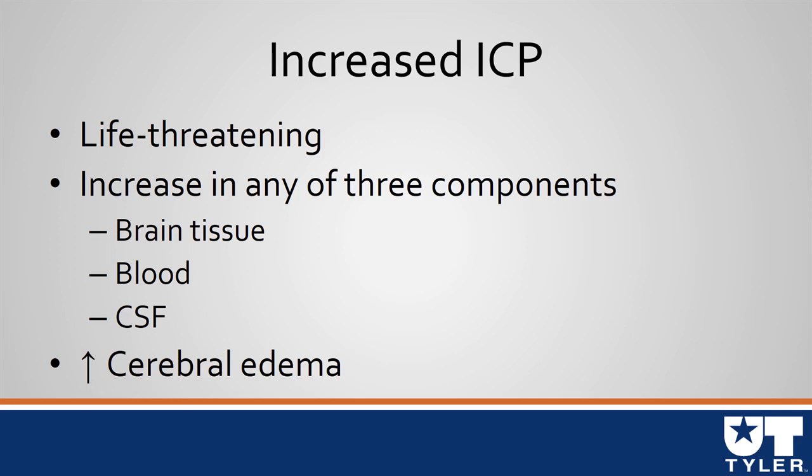Common causes of increased ICP include a mass, such as a hematoma, an abscess, or a tumor, and cerebral edema that's associated with brain tumors, or hydrocephalus, or head injury, or brain inflammation.